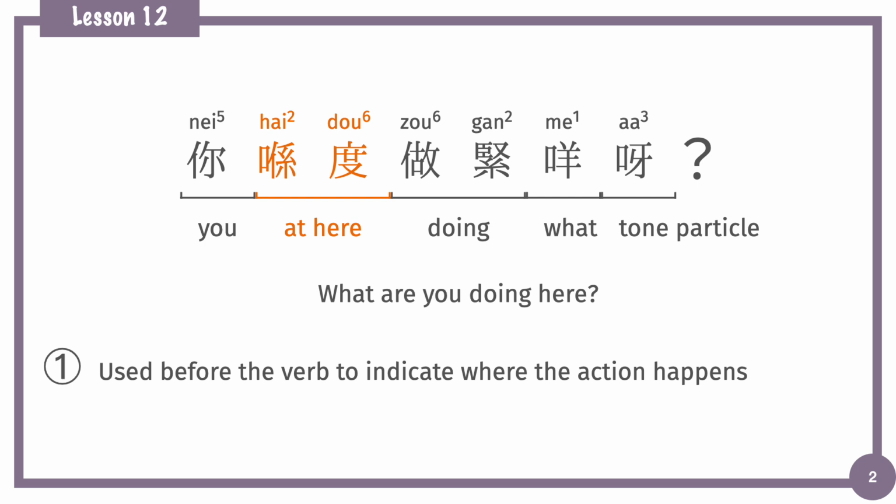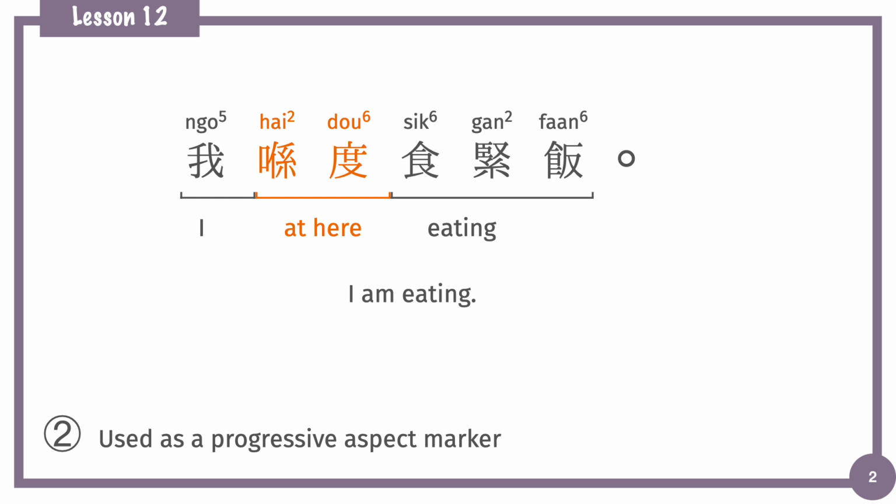Since the word 喺度 often appears together with the verb aspect marker 緊, we can use it as the progressive aspect marker, such as 我喺度食緊飯. 我 I, 食緊飯 eating. 我喺度食緊飯 means I'm eating. We are not emphasizing that the location is at this place now. Okay, we use 喺度 as the adverb.